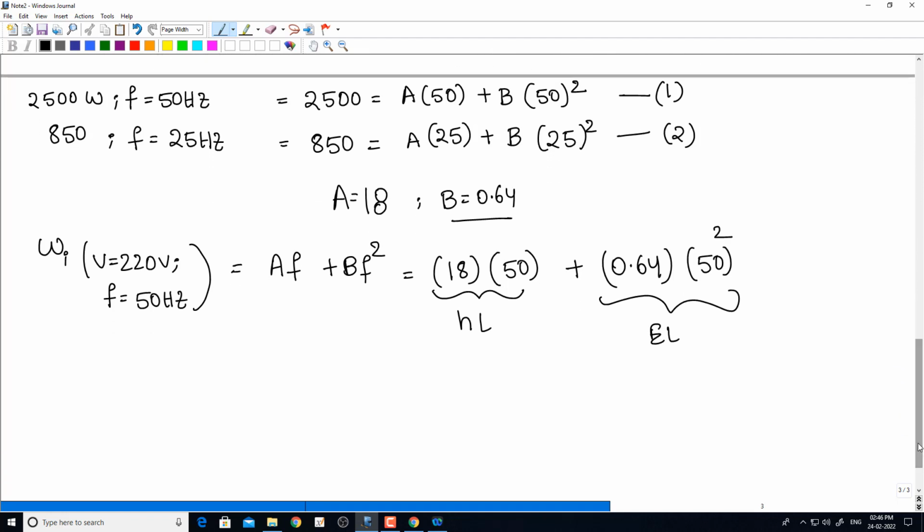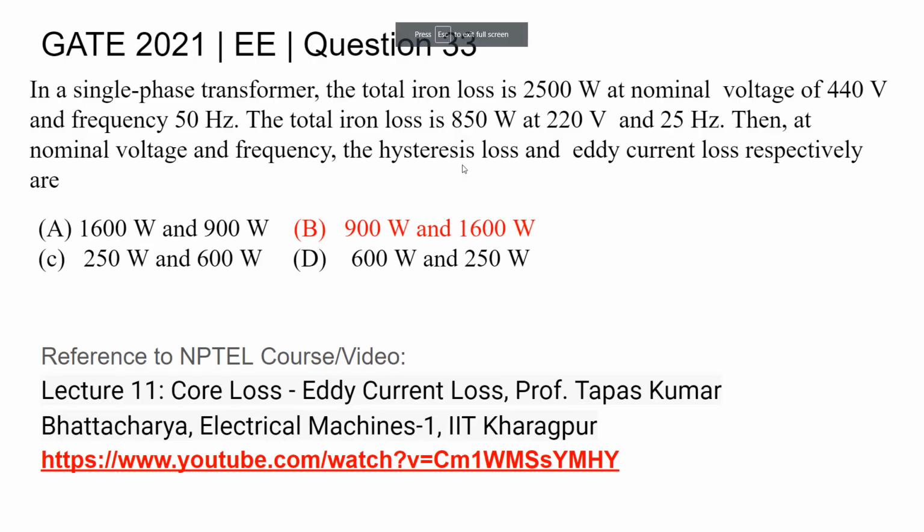So, if we simplify, the hysteresis loss is 900 watts and the eddy current loss is 1600 watts. The hysteresis loss and the eddy current loss are 900 watts and 1600 watts.